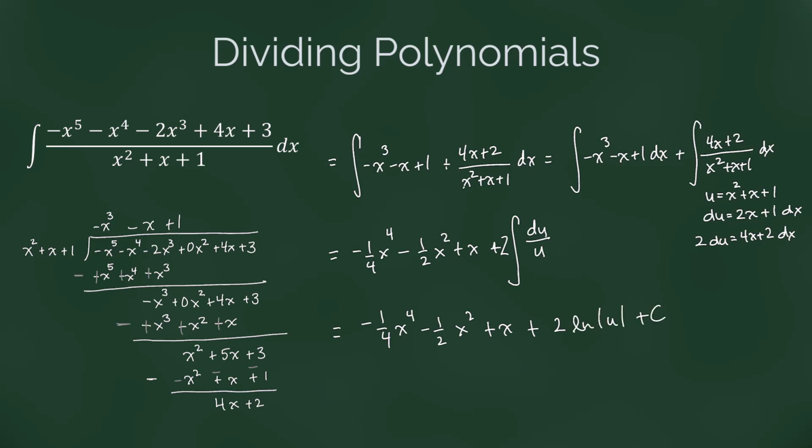And then we get 2 times the natural log of the absolute value of u plus c. We only need one c. And now, of course, we'll replace u by what it was equal to in terms of x. So our final answer is negative 1/4 x to the 4th minus 1/2 x squared plus x plus 2 times the natural log of the absolute value of x squared plus x plus 1 plus c.